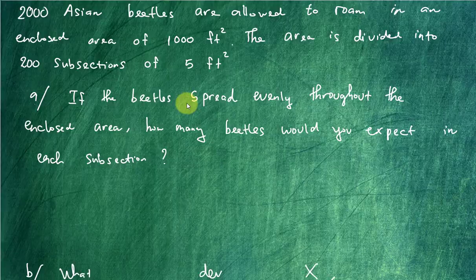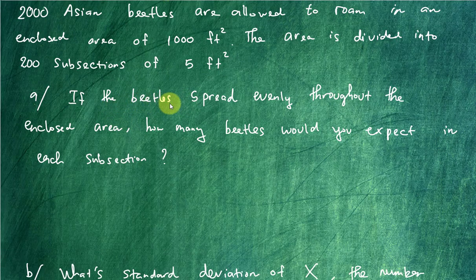Now, part A. If the beetles spread evenly throughout the enclosed area, how many beetles would you expect in each subsection? That is equal to the expected value, the value that we got the notation of mu of X for earlier.